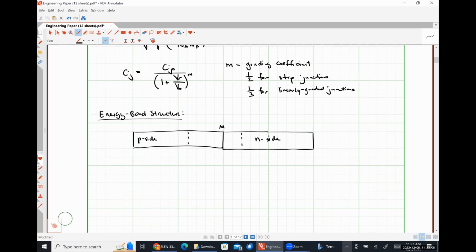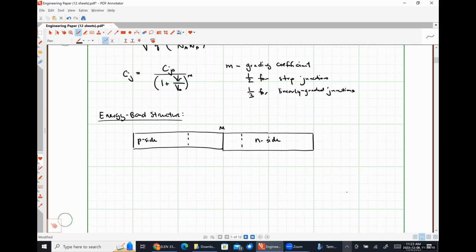If we look at our energy bands, we're going to have something like this. Our energy band for the conduction band on the P side of the junction is going to be flat until we hit our space charge layer. We're going to have band bending in our space charge layer because we need the Fermi levels to be equal on both sides of our junction.